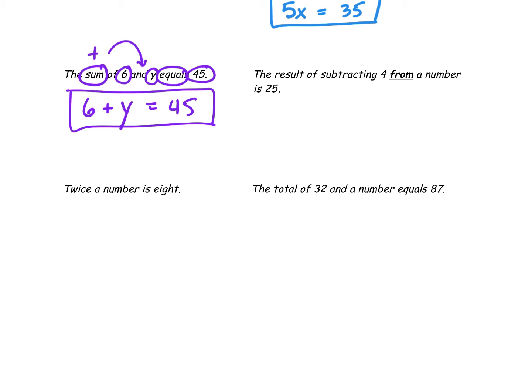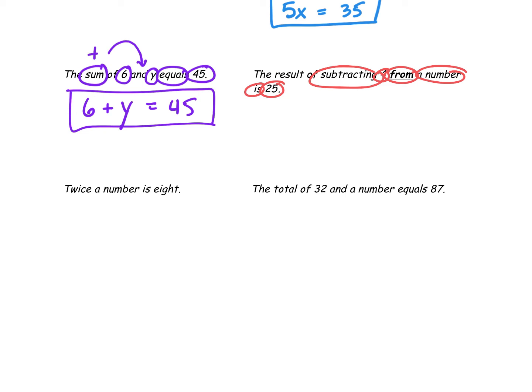Our next sentence says the result of subtracting 4 from a number is 25. So the result of subtracting, they're telling us that we're subtracting 4, and it says the word from. Okay, so that's a clue word. A number is 25.